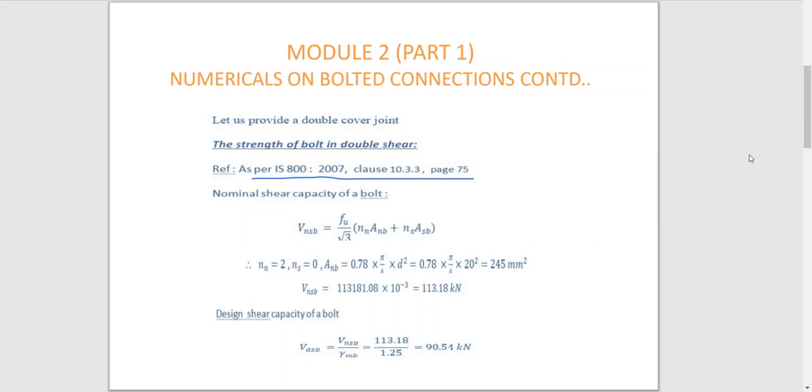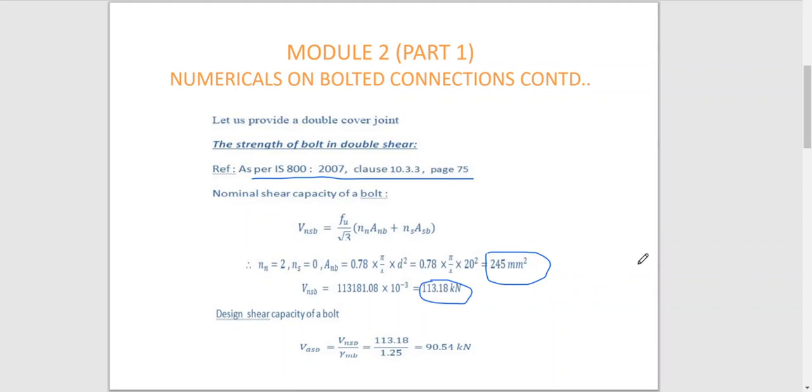So NN will be equal to 2, and A and B is 245 mm square. Substituting NN equal to 2, NS equal to 0, and A and B as 245, we get VNSB as 113.8 kN. That is the nominal shear capacity of a bolt.